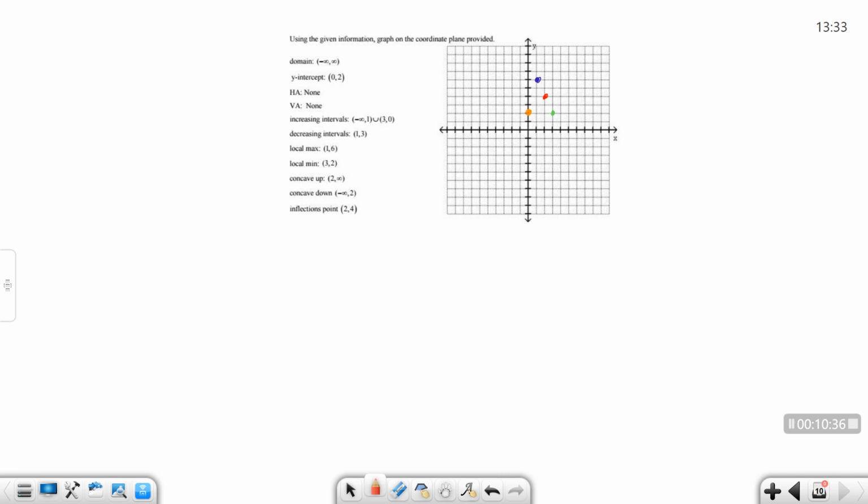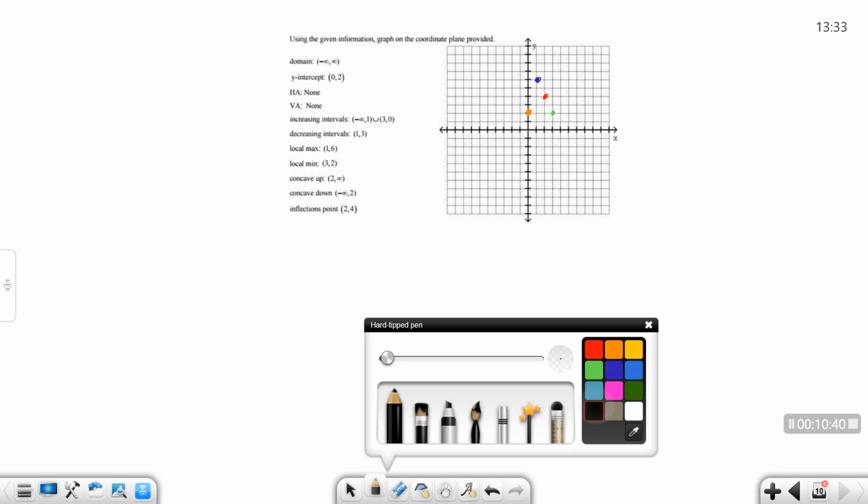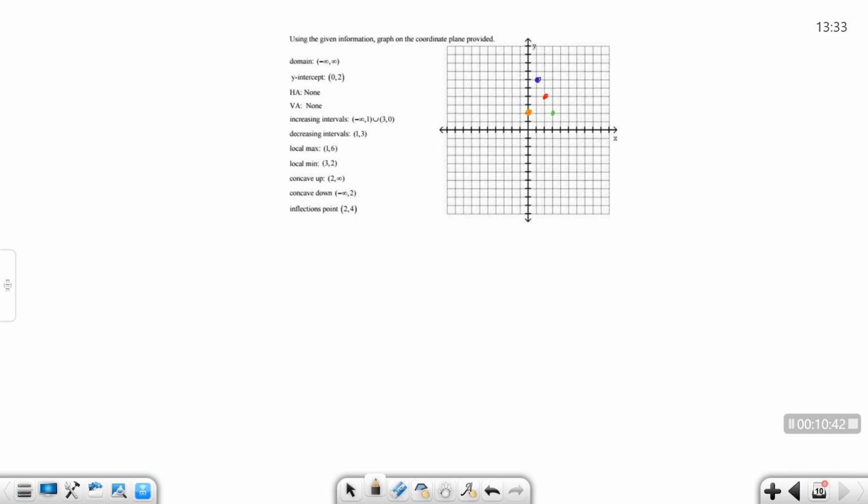Now, using my rainbow of points here, we can hopefully sketch a graph. It tells me that my graph is increasing all the way to 1. So that means 1 is at the blue point. So we're going to be increasing all the way through the yellow to the blue.